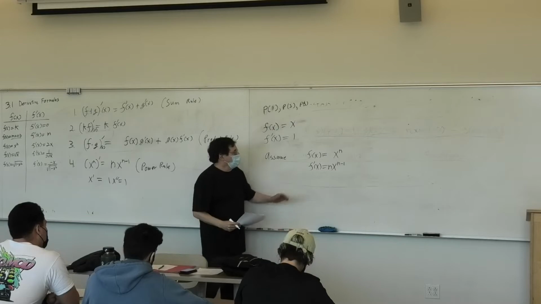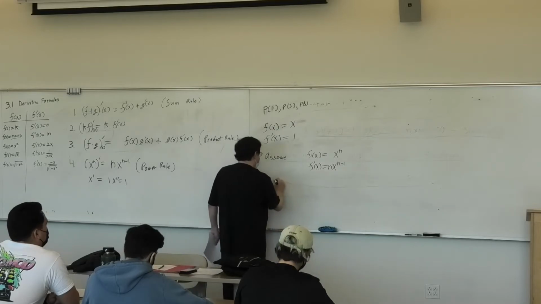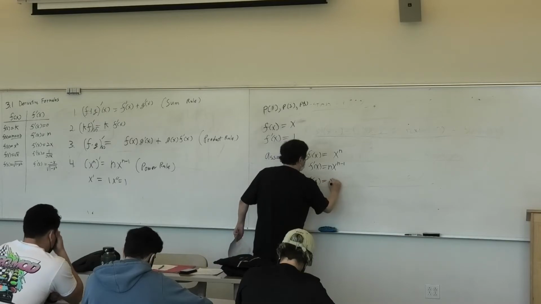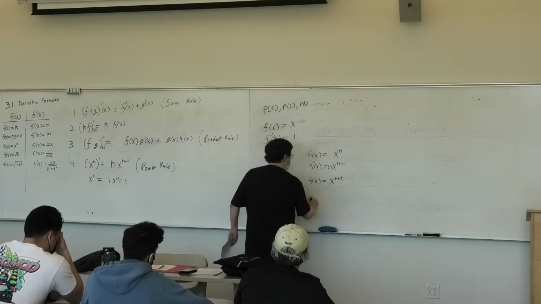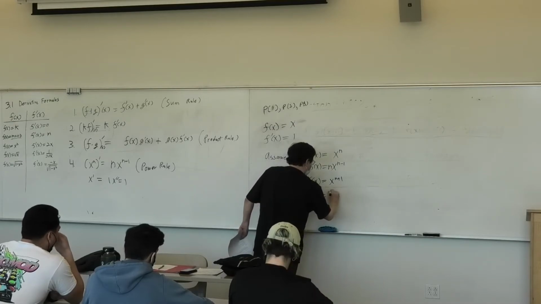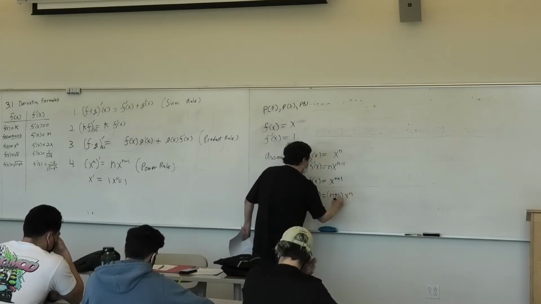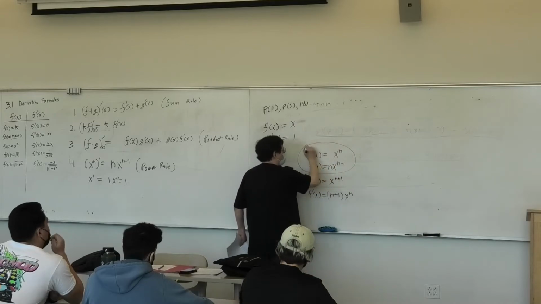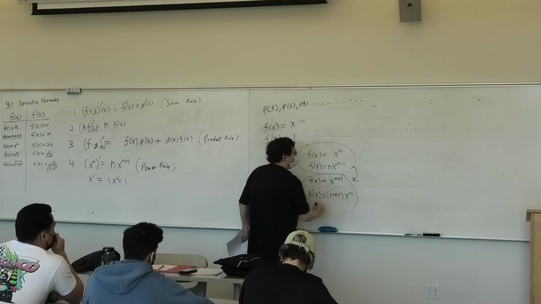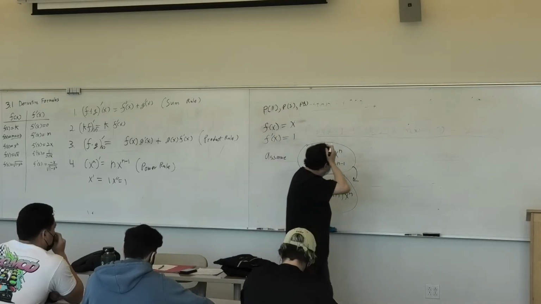Assuming that, we want to show that if f of x equals x to the n plus 1, that f prime of x is going to equal n plus 1 times x to the n. All right, so assume this, prove this.